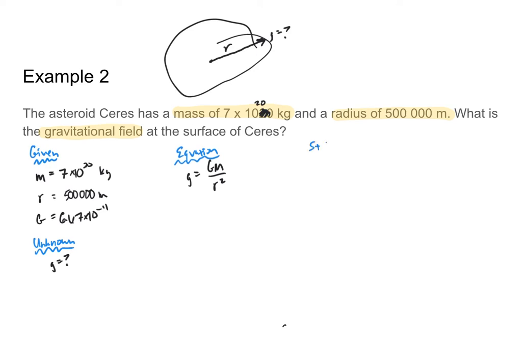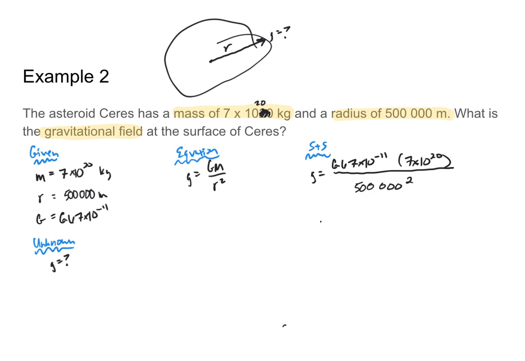Now I know I need to use this equation because I don't know the gravitational force that an object is feeling on the surface of Ceres. What I know is the mass of Ceres and the distance I am from its center of mass. So little g here is going to be equal to 6.67 times 10 to the negative 11th times the mass of Ceres, which is 7 times 10 to the 20th, divided by the distance I am from its center of mass, the radius of the planet, which is 500,000 meters squared.